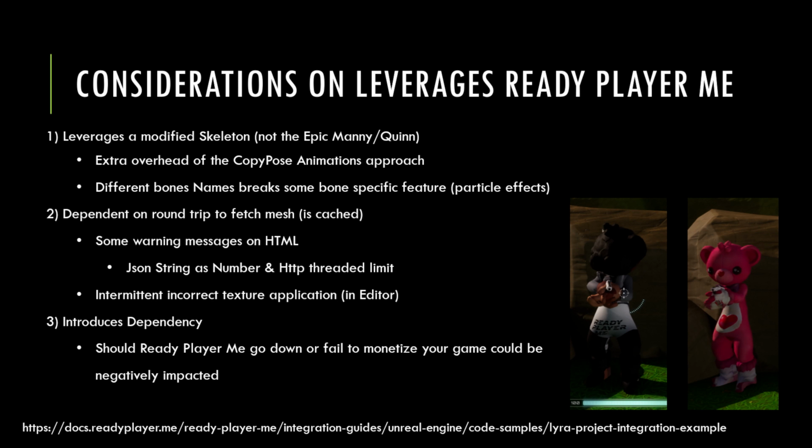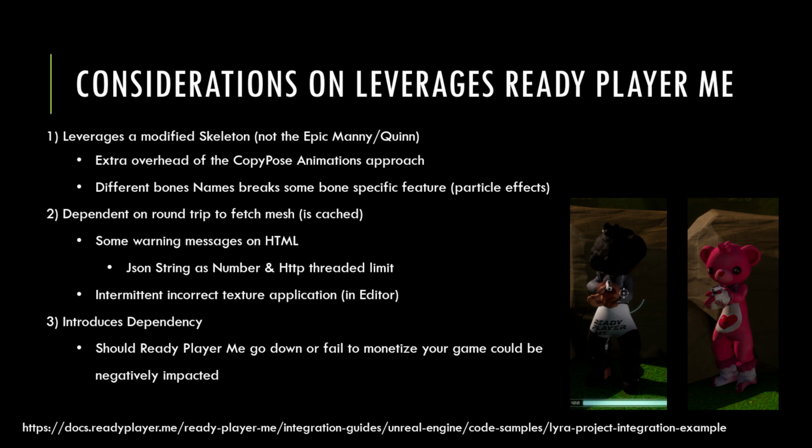So we're still running the Manny skeleton, but then we're copying the resulting animation over to their skeleton for visualization. They do have some different bone names, which will break a couple of the bone-specific effects, particularly particle effects, where we're looking for a particular bone name. That bone may or may not exist in their skeleton, so you may need to go through and adjust some of those effects.